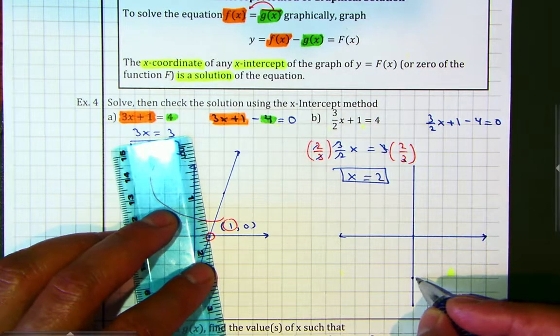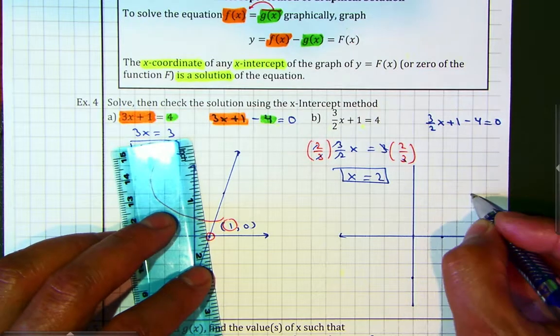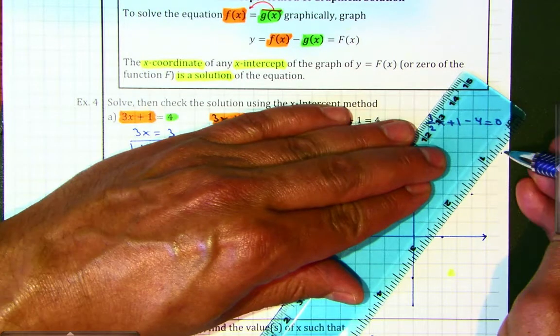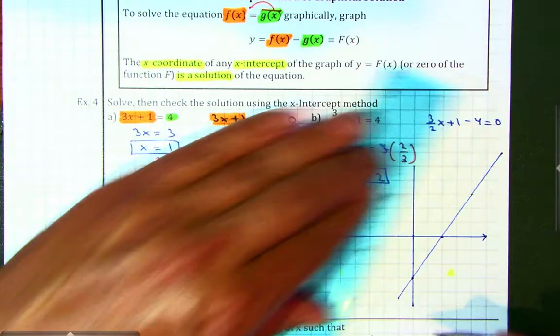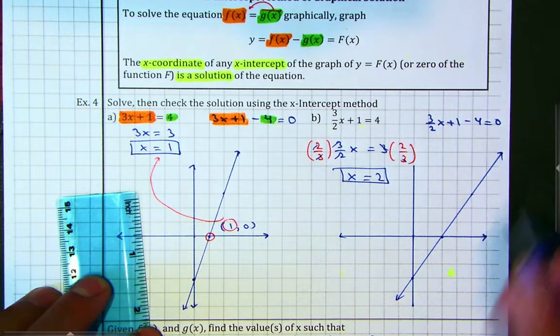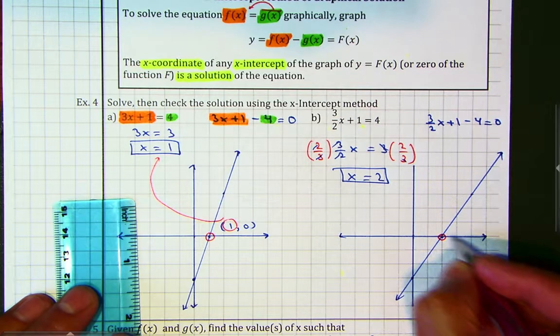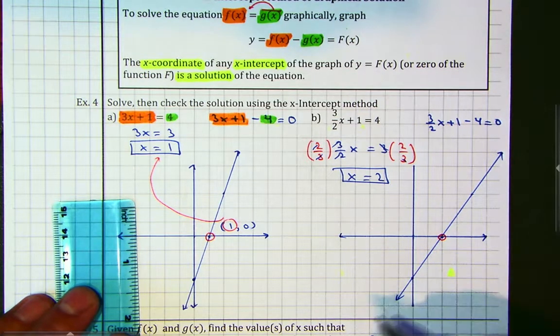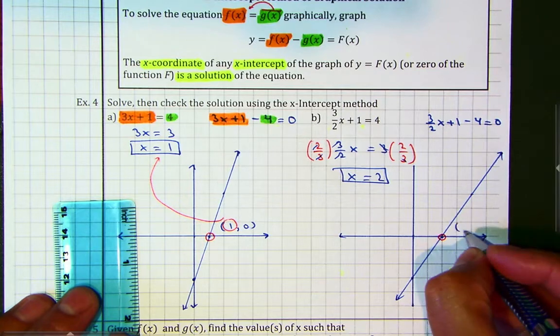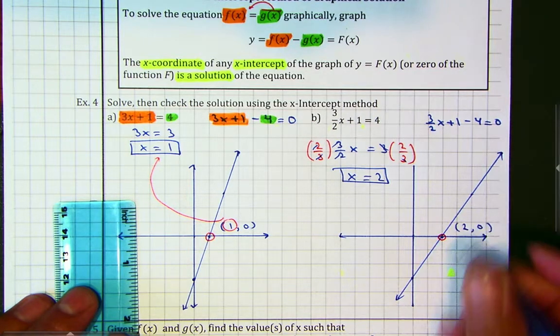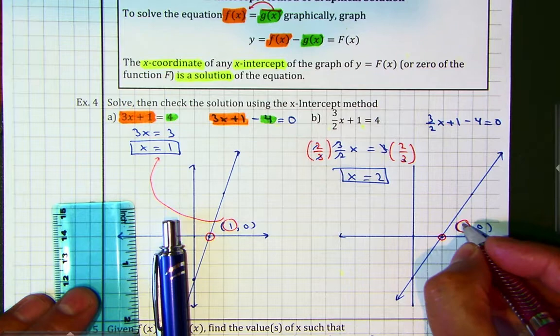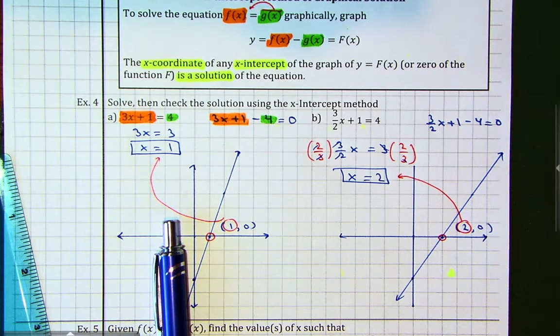My slope is up 3 to the right 2. And according to this, my x-intercept is (2, 0), and my x value is my solution.